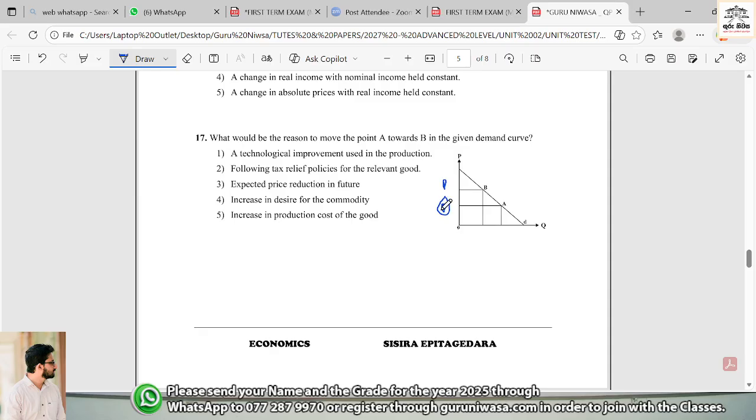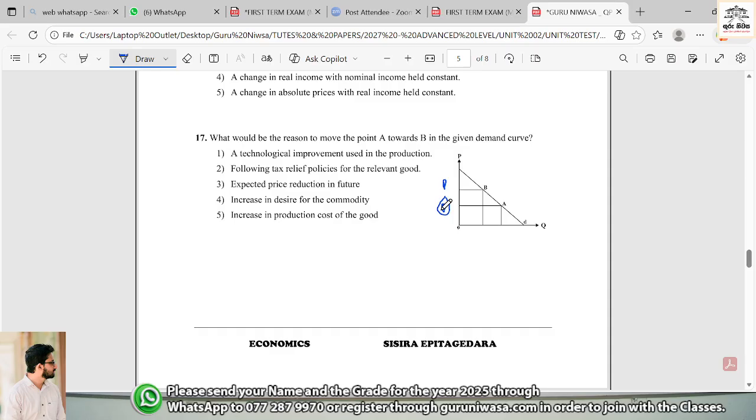Indirectly, this question is asking you to choose the point affecting the supply curve to shift. Equilibrium point A is moving to point B towards a new equilibrium. If supply falls, did you get the point?